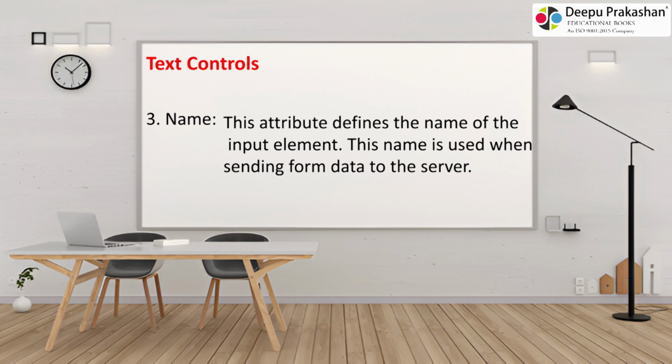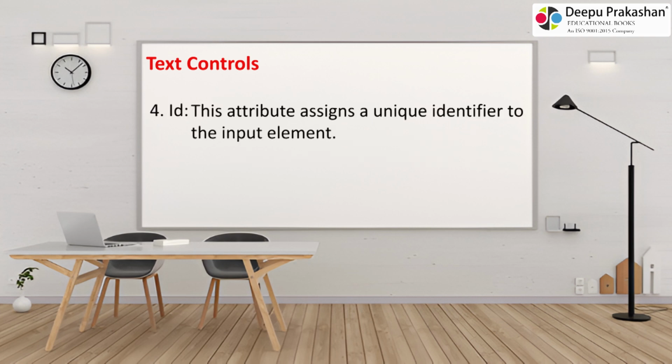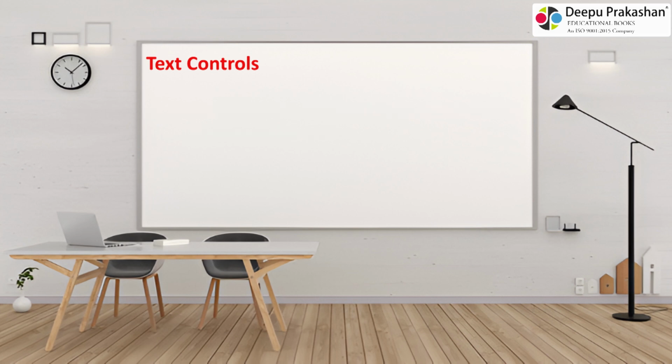This name is used when sending form data to the server. Value. This attribute sets the initial value of the input element, which is submitted when the form is sent. ID. This attribute assigns a unique identifier to the input element. Let us understand the concept of single-line text control with the help of an example.